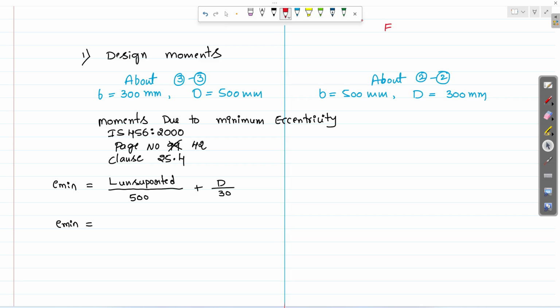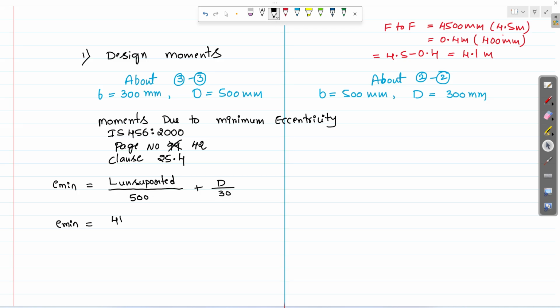Okay. So E minimum equals L unsupported. See here, floor to floor height is 4,500, which means 4.5 meter. Your beam depth is 0.4 meter, which will be 400 millimeter. So your L unsupported length will be 4.5 minus 0.4. So it will be 4.1 meters.